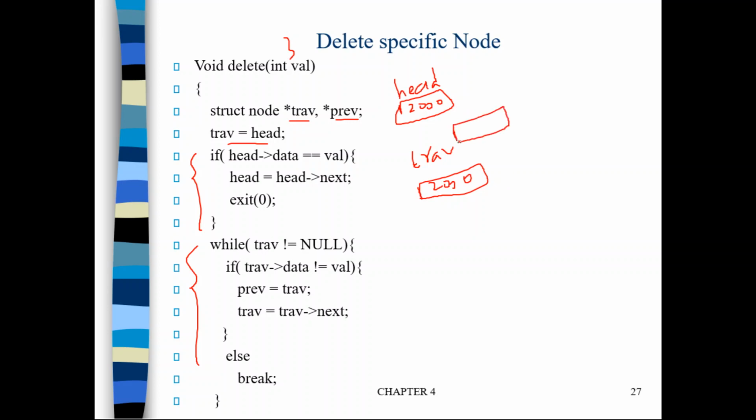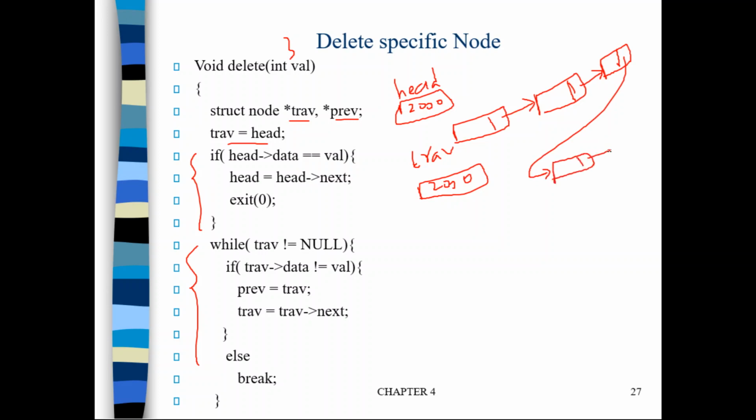So these are the nodes 1, 2, 3. This is the third node. This is the fourth node.